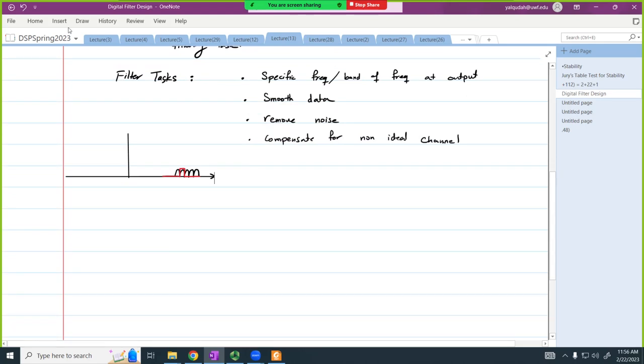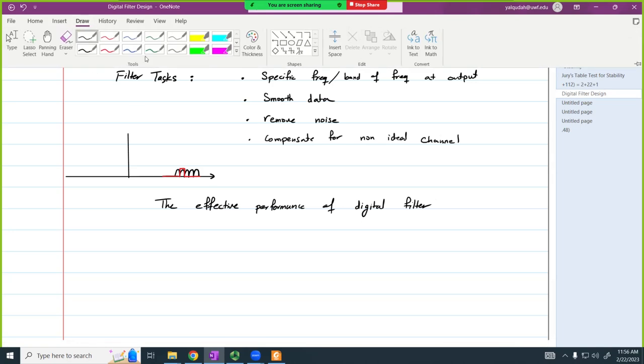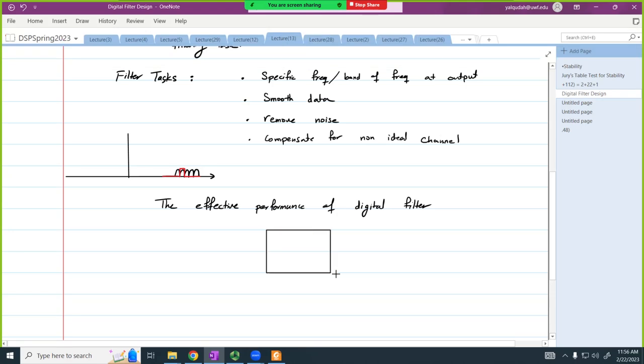So therefore, the effective performance of our digital filter that we're going to be designing is going to be such that if I were to replace all the system that we had above, it is going to have an H effective of W. This is x of t, and this is yc of t.